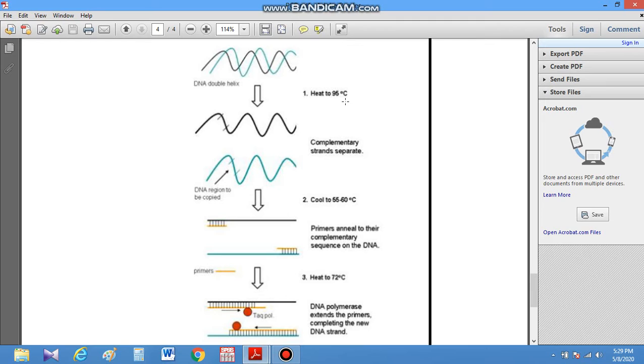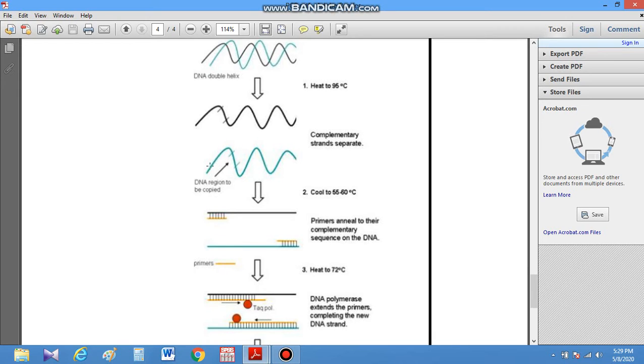Through this high temperature, the double helix DNA gets separated into single stranded DNA, and these complementary strands get separated, and this is the DNA region which should be copied. This is marked by the arrow.